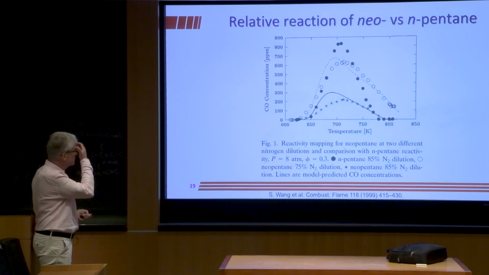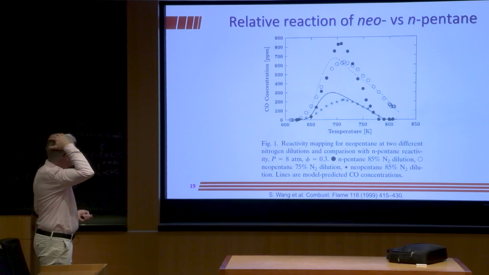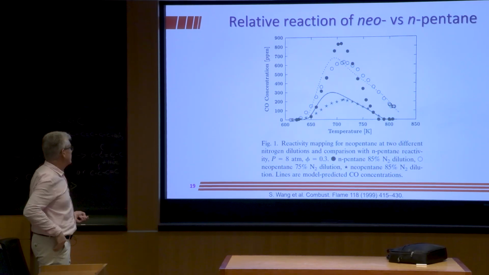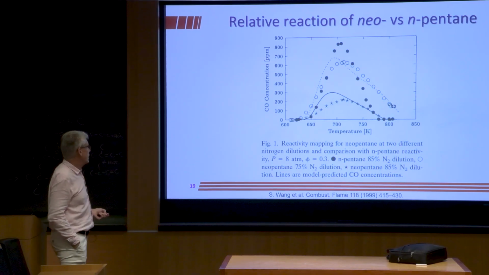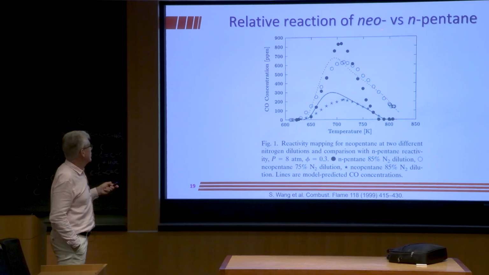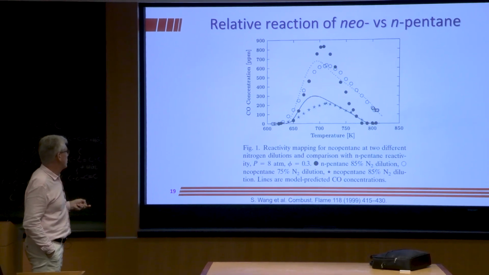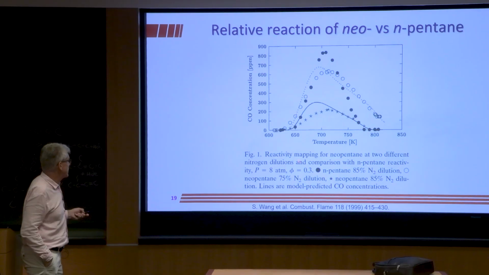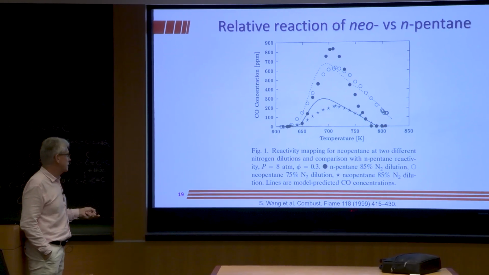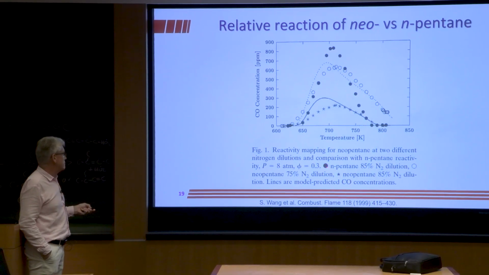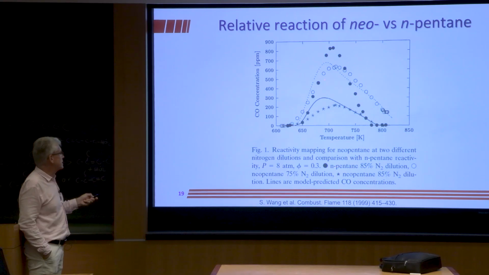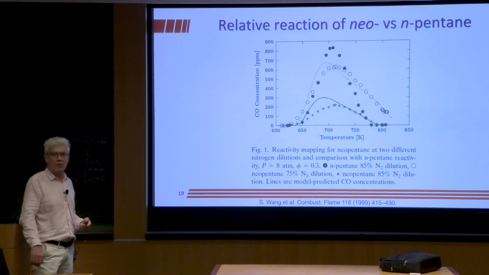Okay, so this is just showing you the relative reactivity of neopentane and N-pentane. This is taken from a paper I published in 1999. This is the CO concentration formed from N-pentane. If we plot CO concentration, it's a measure of fuel conversion.